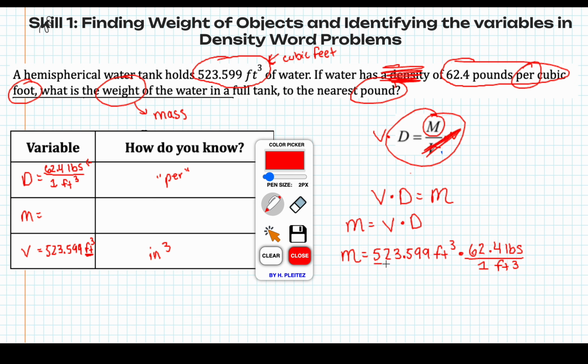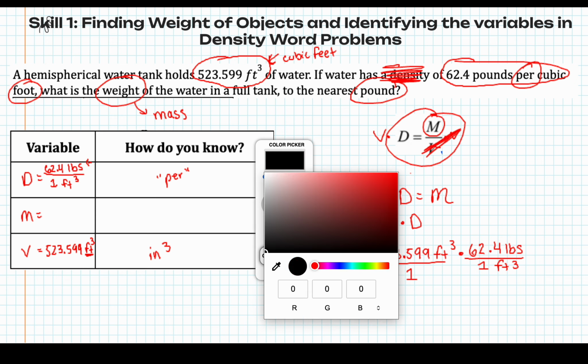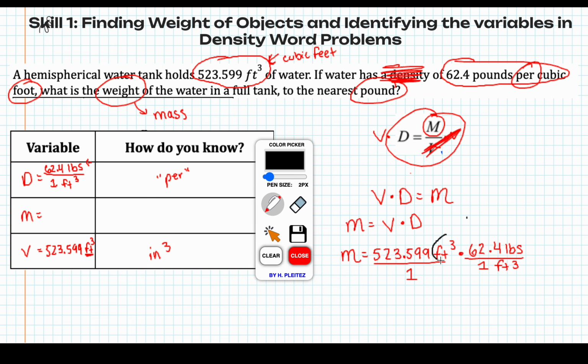So right now I'm just going to put this over 1 so that we can more clearly see what's happening here. And there's no unit that goes along with it. But you want to look for units that are in the numerator and in the denominator. So for example, what I see here is I see feet cubed in a numerator. I see feet cubed in the denominator, so that when this gets simplified, they're going to go away, right? So now I know the only unit that I have left is pounds, which is exactly what we want.